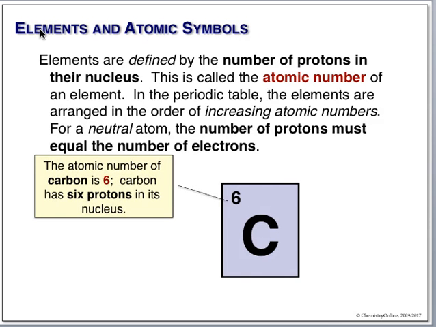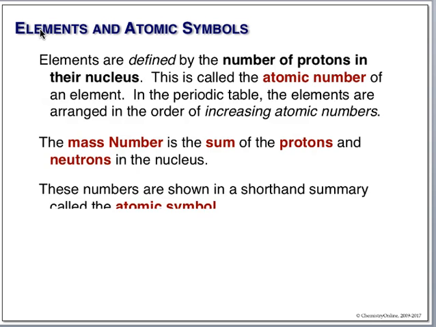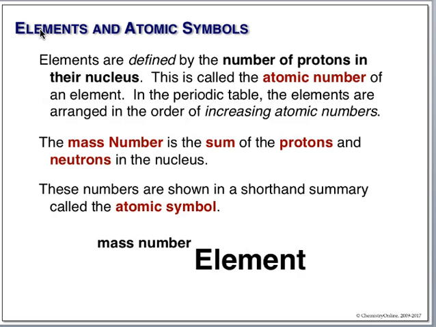Remember, when we talk about atoms, we look up here, we see the atomic number. Atomic number is the number of protons in the nucleus. We said we could write an atomic symbol. The atomic symbol was simply the symbol for the element as a superscript.